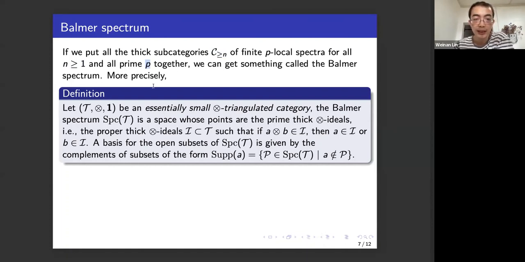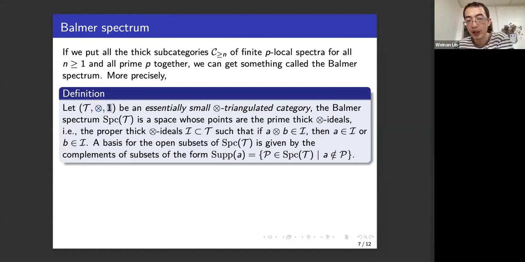So more precisely, we are going to do something very similar to things in commutative algebra. Here we consider a category T. It's a symmetric monoidal category with a tensor product. I mean, it's a category where you can take the tensor product of two objects and get a third object.